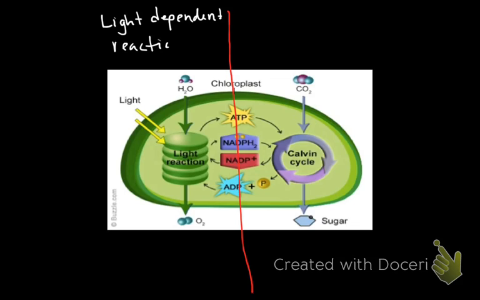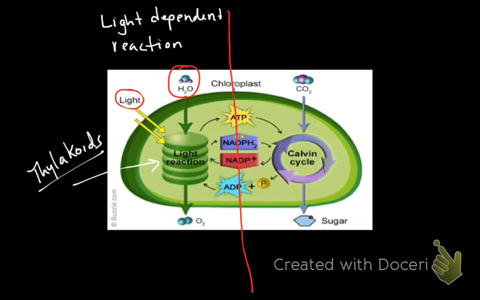And what happens here is we have water, which is here, and we have light. And if you look at your equation, you'll see that light energy and water are reactants, right? So the light and the water go into this structure right here that is named the thylakoids. Now the thylakoids look like pancakes.